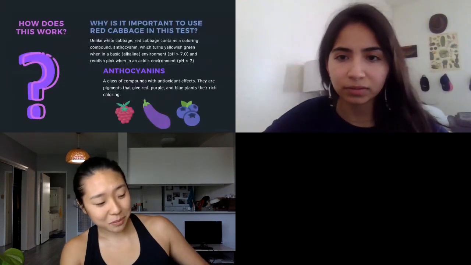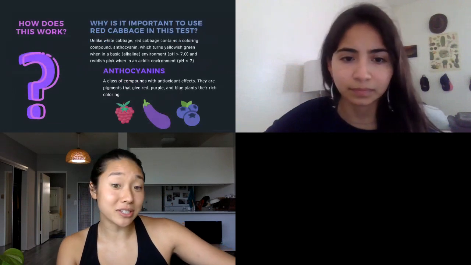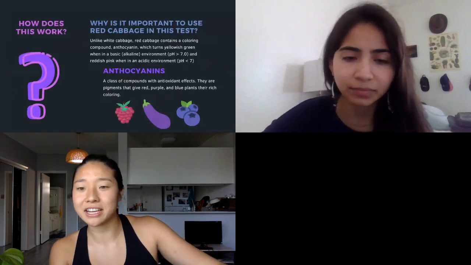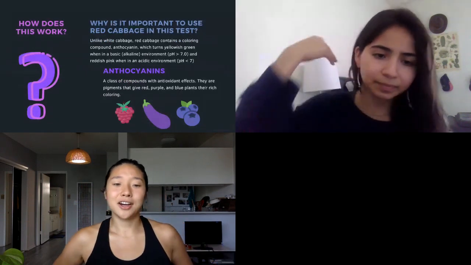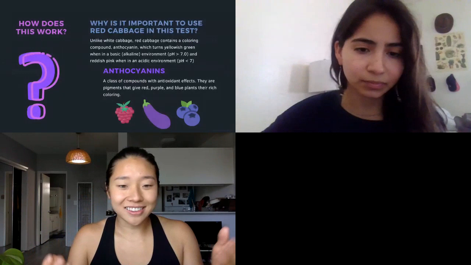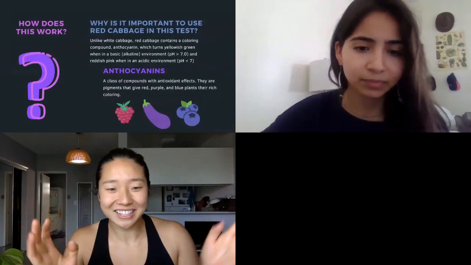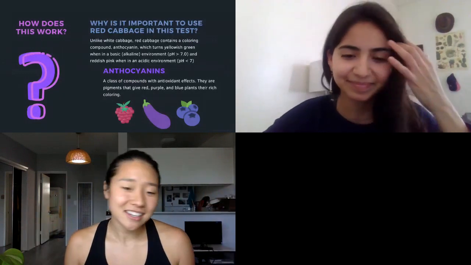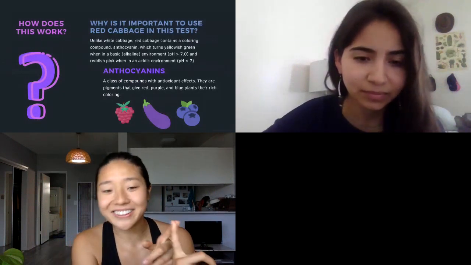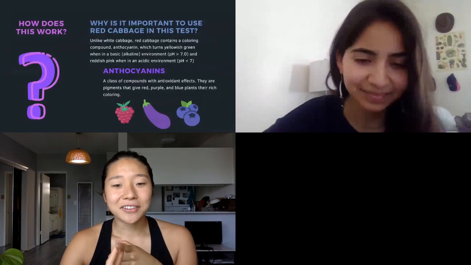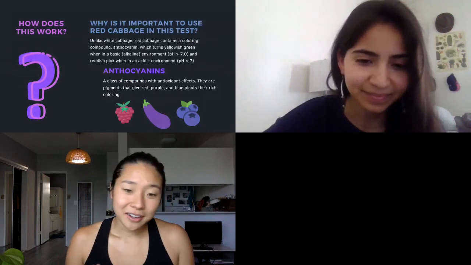So if we take a deeper look into that cabbage juice itself and investigate how it works as a pH indicator, the main magical thing here is anthocyanins. First, they're really good for you. They're antioxidants, they're really healthy, and it's purple.